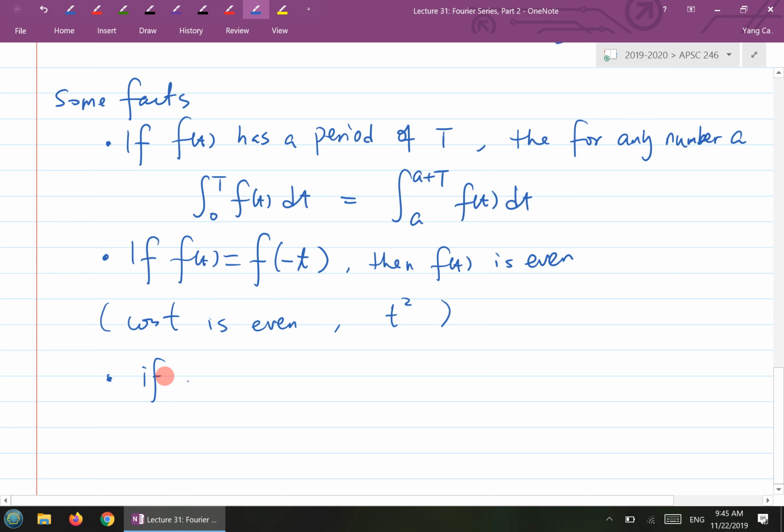Now, if f of t equals negative f of negative t, or f of t plus f of negative t equals 0, then we say this f of t is an odd function.